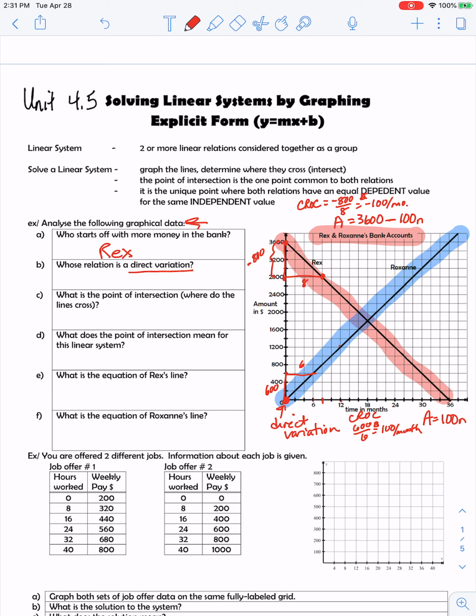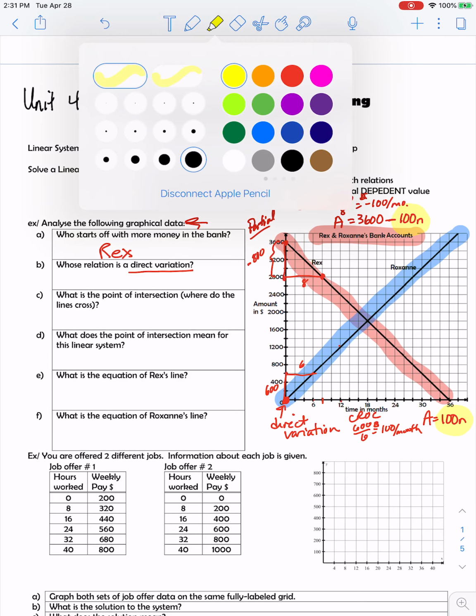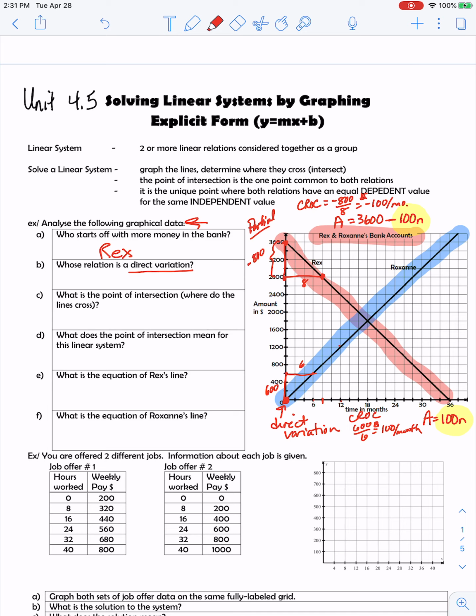So he's what we call partial variation. Partial means there is a multiplication factor going on, so there is some multiplying going on right in this part of the equation, just like with Roxanne. But Rex has the added piece of a starting value that isn't 0.